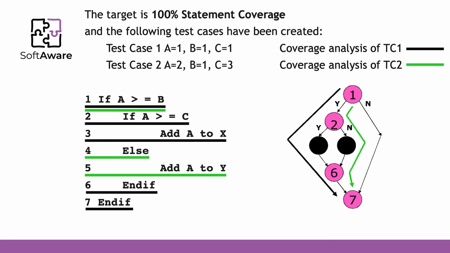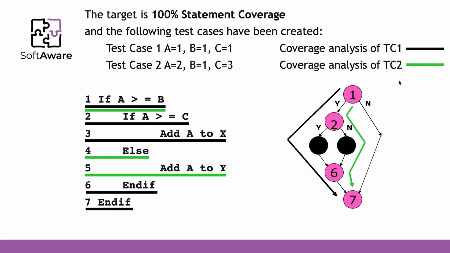If you have 100% statement coverage in this example, you can see that you have two statements in line number 3 and in line number 5. And the two test cases that are already defined allow you to have 100% statement coverage with only these two tests.